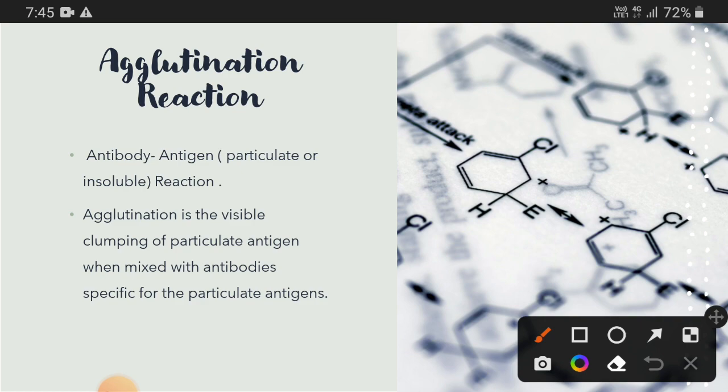In the indirect Coombs test, the anti-immunoglobulin is added to detect antibodies in the serum that are attached to the erythrocyte. Remember, here the antibodies are not directly present on the surface of the erythrocyte. That is why it is called the indirect Coombs test.